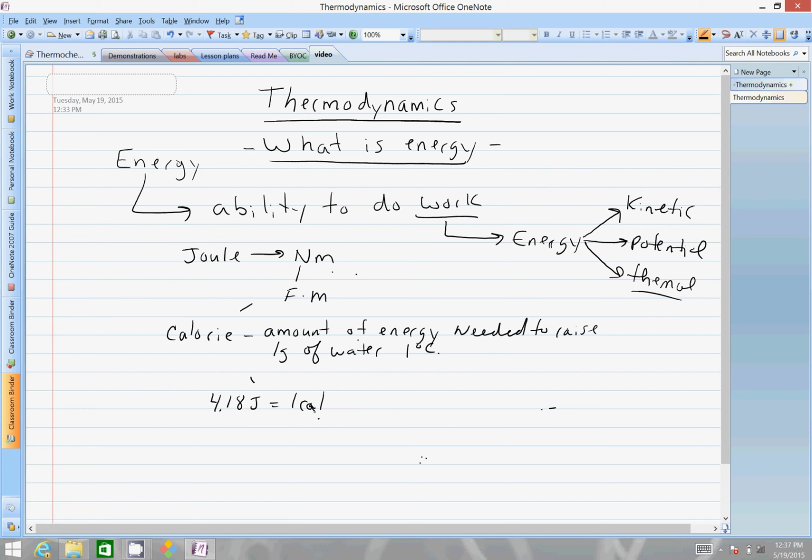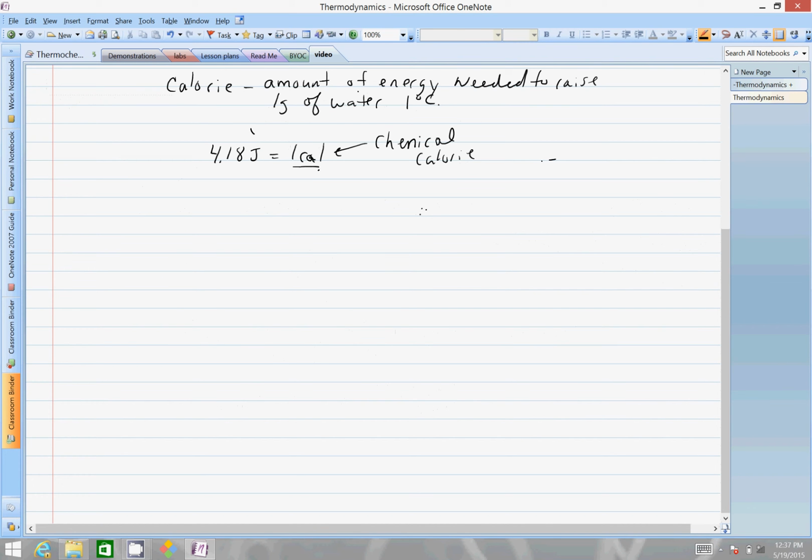Sometimes I'll refer to this as a chemical calorie, because on packaging and whatnot, we'll very often have another unit of calories, which I call a commercial calorie.